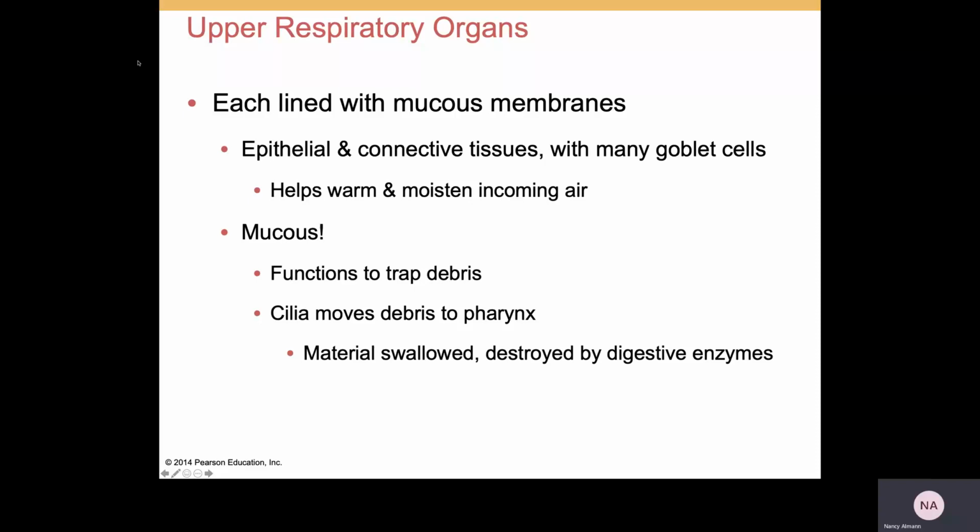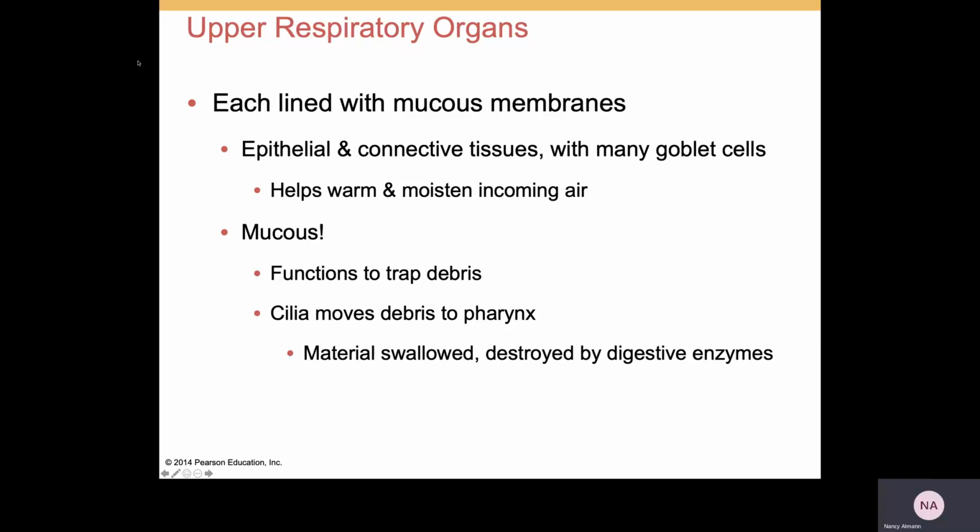The upper respiratory organs will all be lined with mucous membranes, which include epithelial tissue as well as underlying connective tissues, and we will have many goblet cells. Now think back to the histology portion of your previous course, 131, if you took it at TC3.